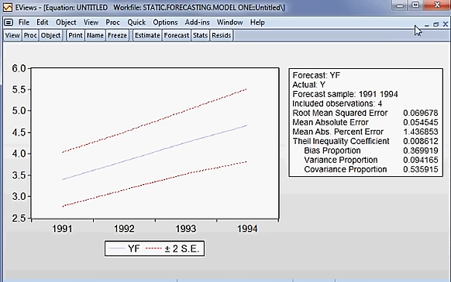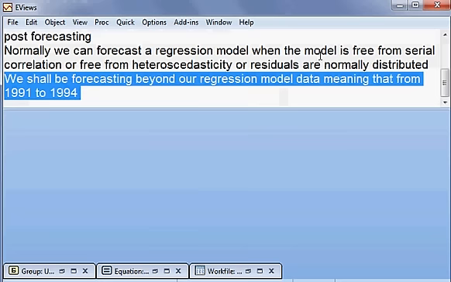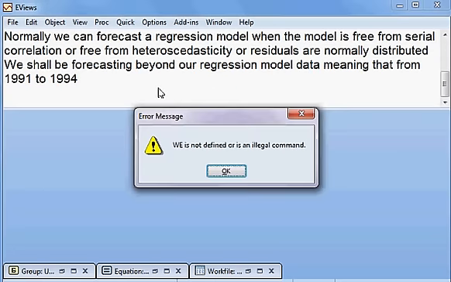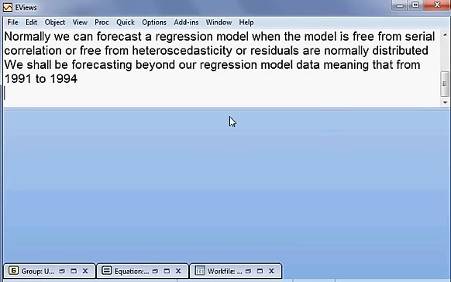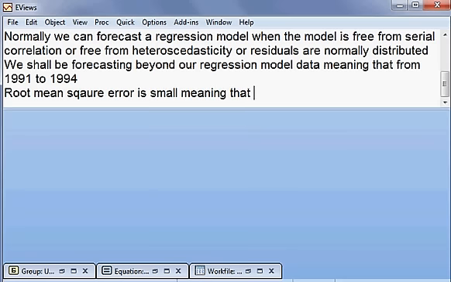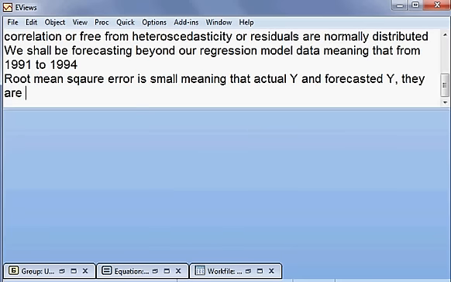I'm writing here: root mean square error is small, meaning that actual y and forecasted y are moving closely, right?